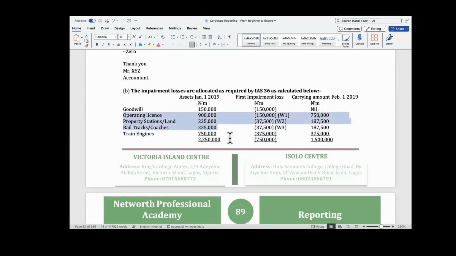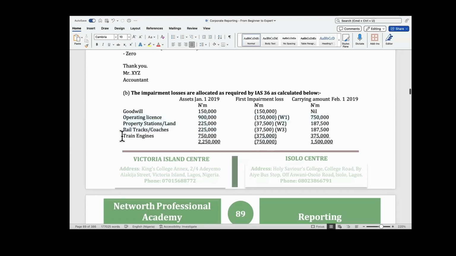I would have expected somebody to ask me, what about the remaining one train engine? Why are we not allocating further impairment to that one also? Because that is also a remaining asset.